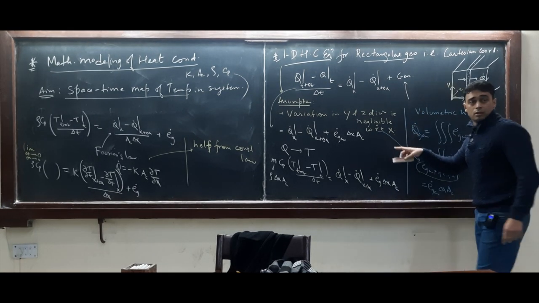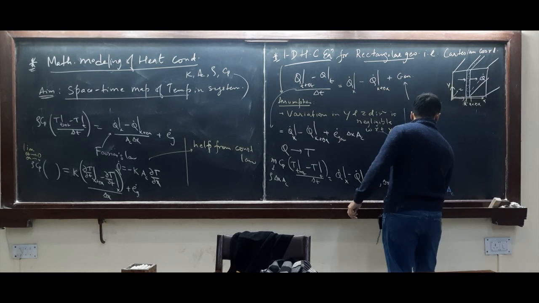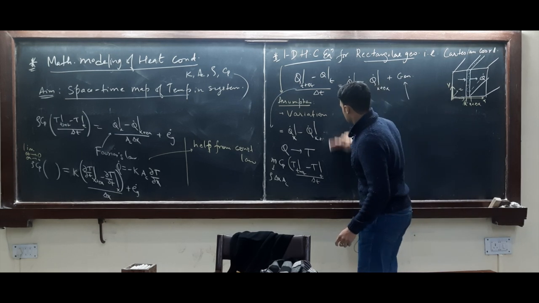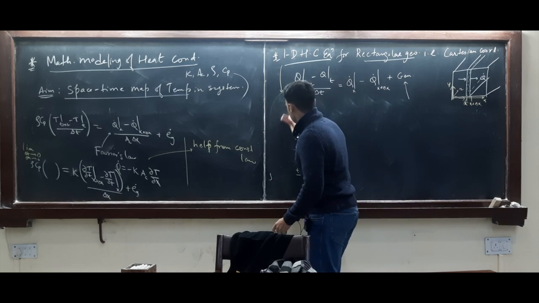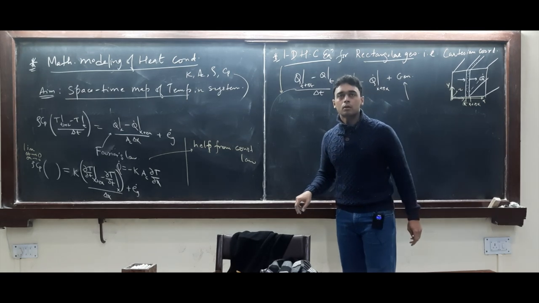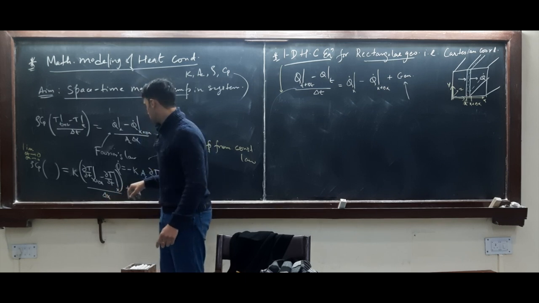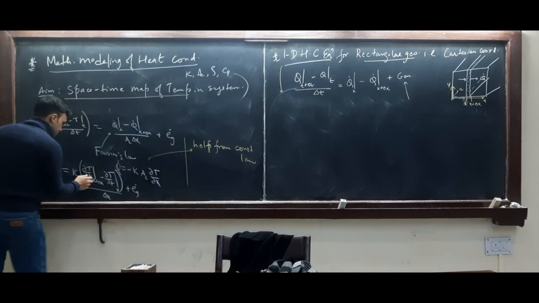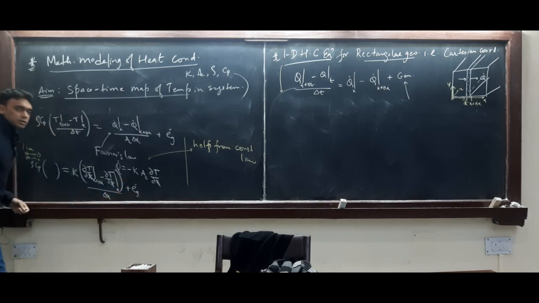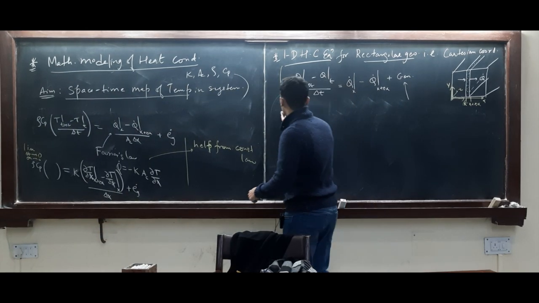Okay, can I rub this? Why is it dou T by dou t? Oh, sorry, this would be x. Yes, you're right. Dou T by dou x. Fourier's law is in x. Okay, so now in that limit, what will we get on the left side?